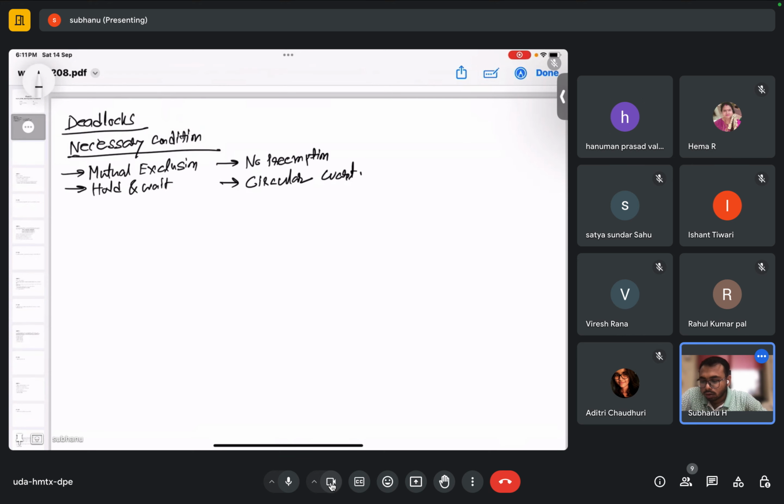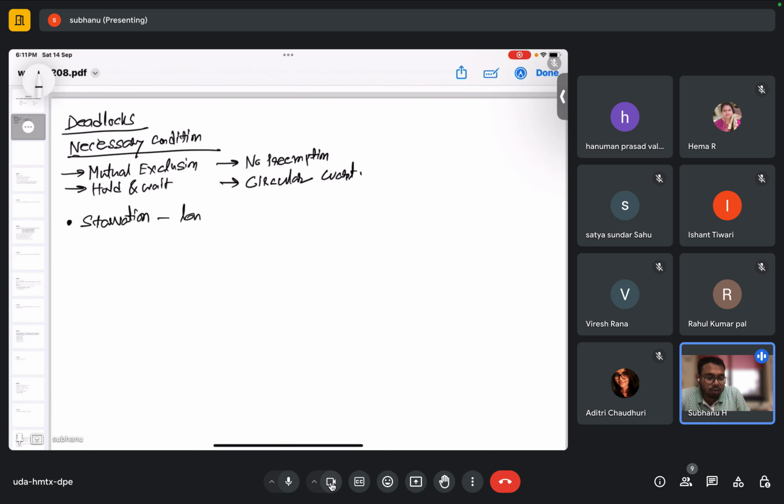When you go to a washroom, you use it and you come out. But if there is a long wait, where your colleagues are waiting for a very long time, or you are waiting for someone for a very long time, this is called starvation.